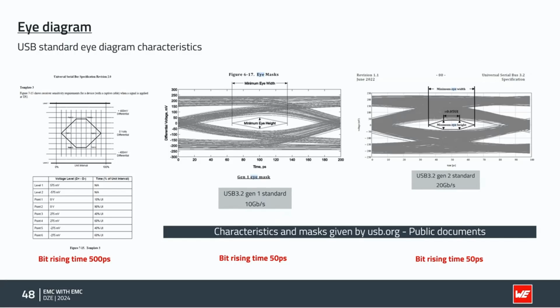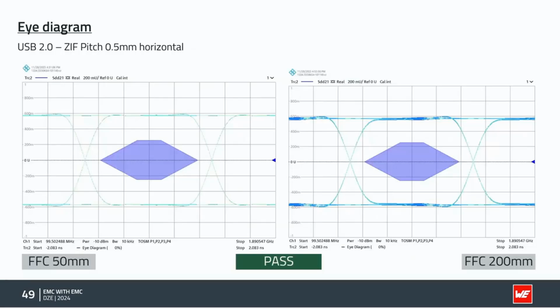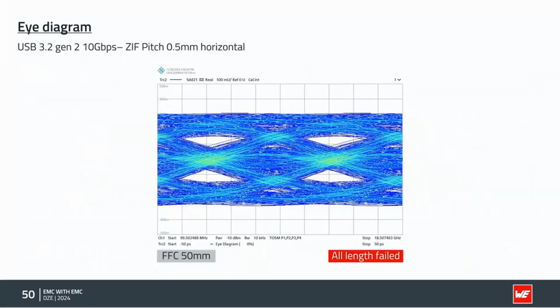But sometimes it's necessary because the signal speed is also going to increase. What we can now tell you is USB 2.0 will work on all lengths of our FFC cables without any problem. What we can also tell you is with Gen 2, so 10 gigabits, you will have a really hard time trying to transmit that over an FFC cable.